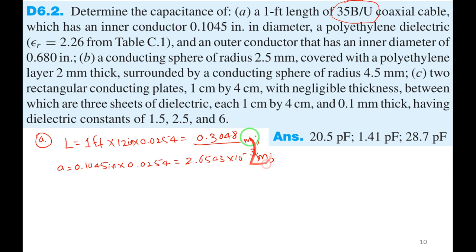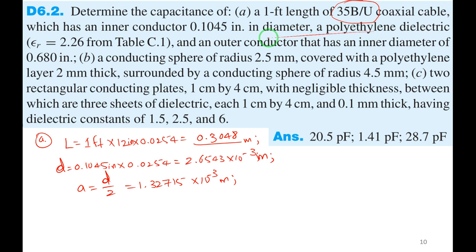This is the diameter of the inner conductor, so A equals D by 2. Dividing by 2, I am getting 1.32715 into 10 power minus 3 meters.